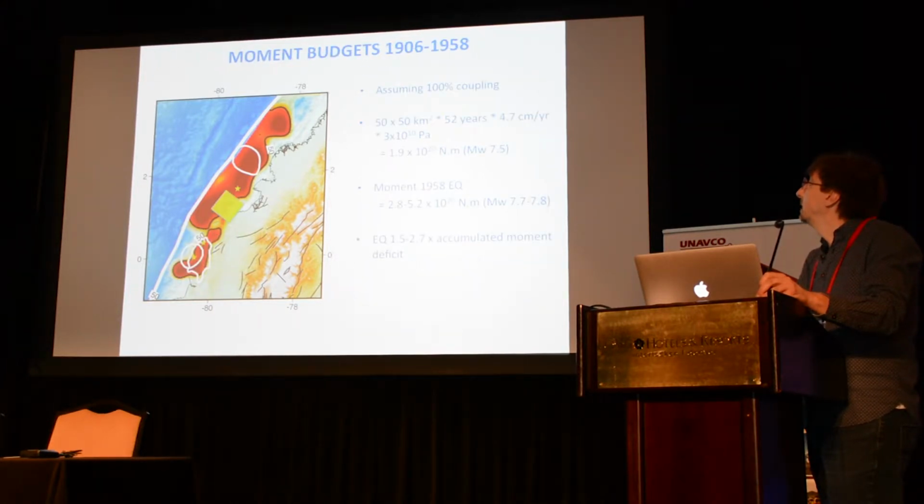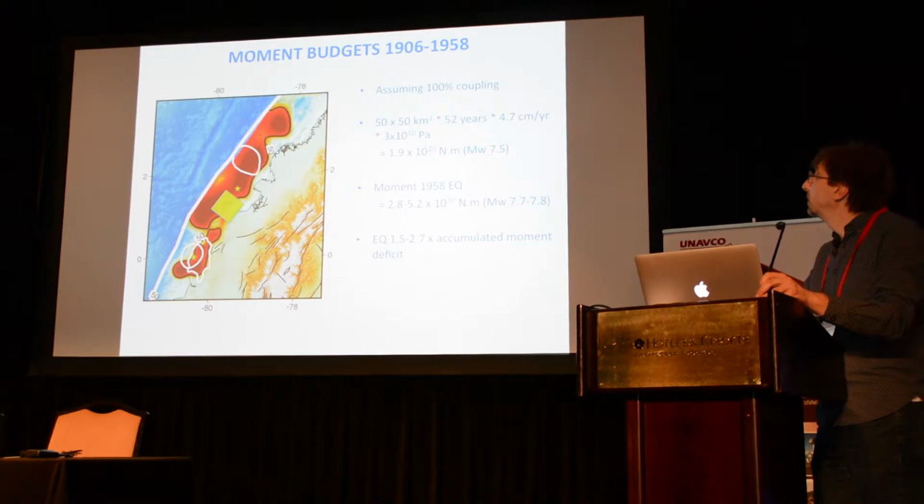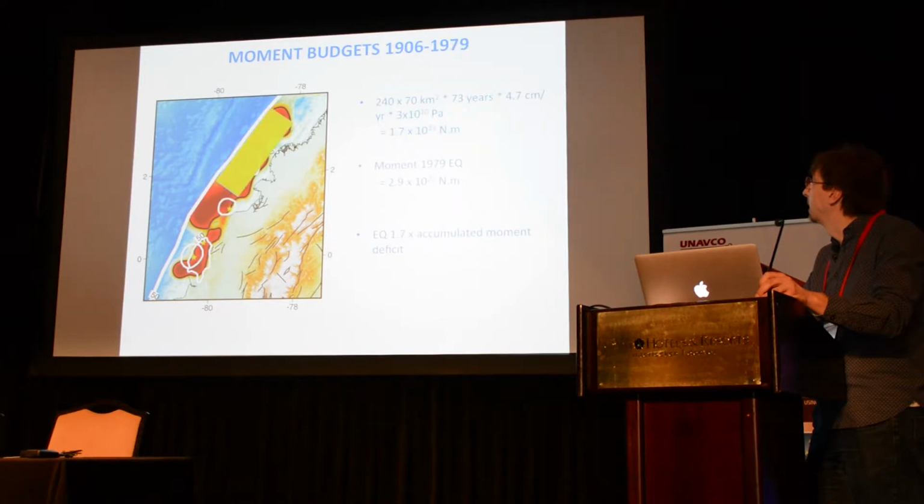We can do a similar calculation for the two other earthquakes, even assuming 100% locking. For these two earthquakes, we still find that they had a magnitude too large. They released too much seismic moment compared to the current rate of moment deficit accumulation.